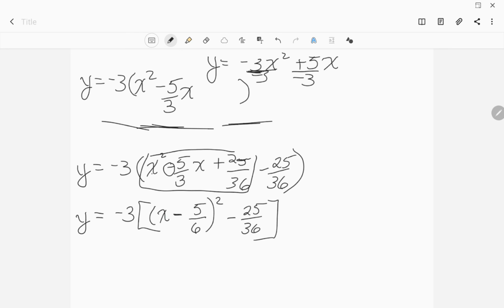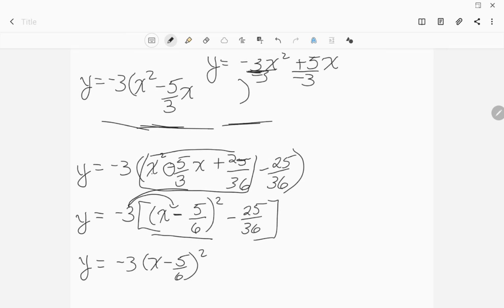The negative 3 is in front of the whole thing. Okay, so same as before. I'm going to take this negative 3 and multiply it with the x minus 5 over 6 squared. That is simply negative 3 times x minus 5 over 6 squared. You don't do anything with it.